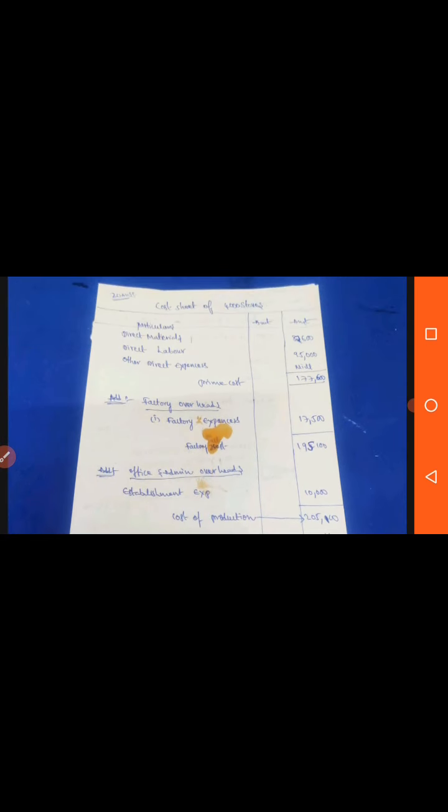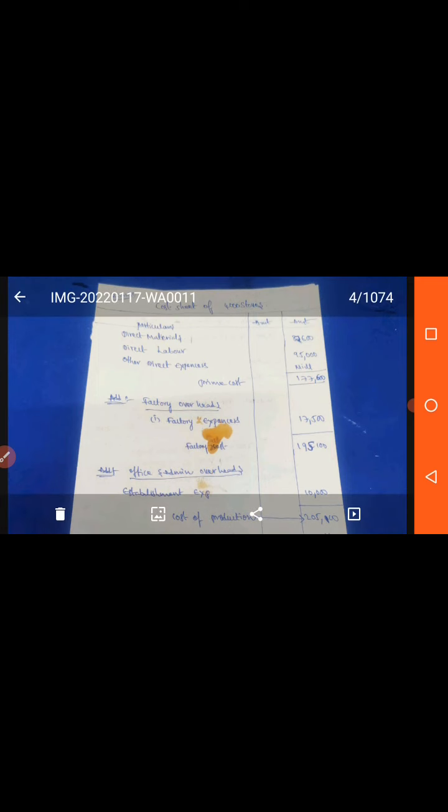So direct materials equals 82,600. Next, direct labor. Direct labor we already have in our textbook, 95,000. Other direct expenses equals nil. So prime cost, meaning direct material plus direct labor plus direct expenses, equals 82,600 plus 95,000 equals 1,77,600.